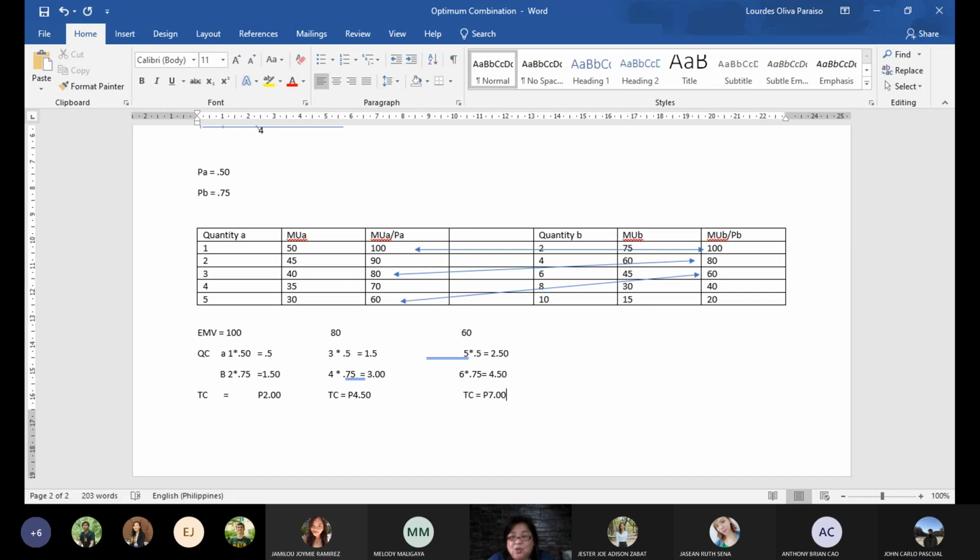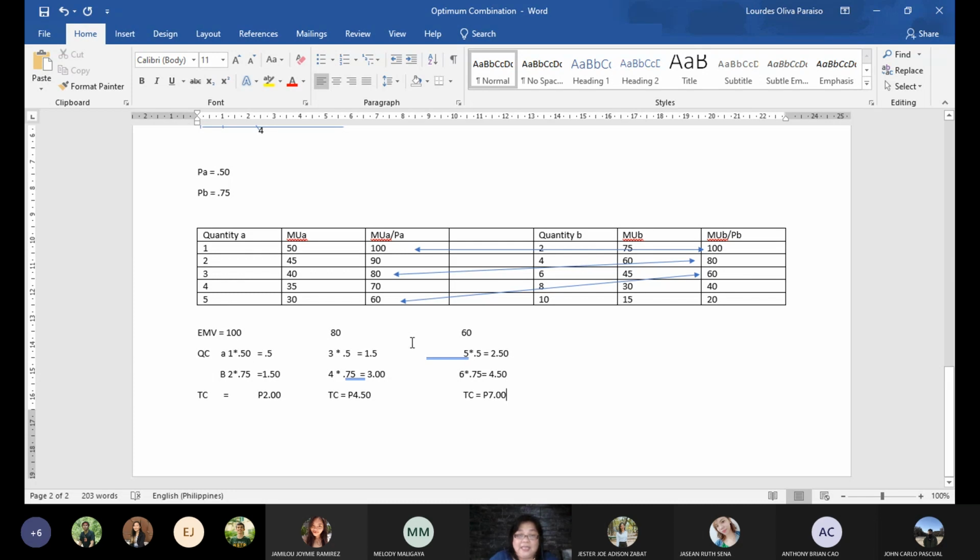So, dapat ang sagot nyo, the cost of good A is 150. Ano ba tinatanong ko? Is it quantity combination? Kung quantity combination naman ang tinatanong ko at an equimarginal value of 80, you will just answer me 3 and 4. Nakuha nyo ba?